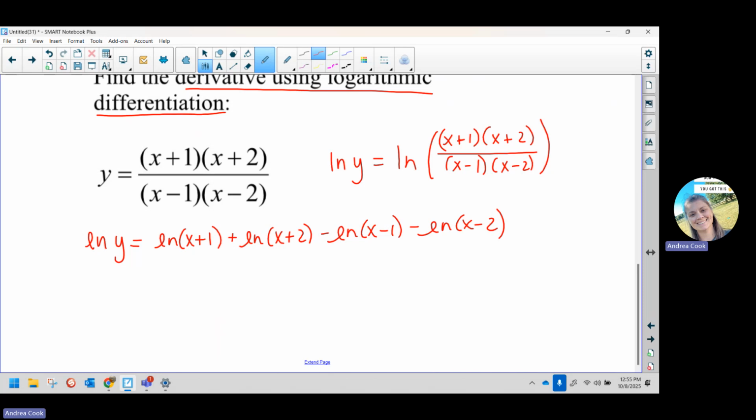Division is subtraction, multiplication is addition. I went ahead and distributed the negative sign. But you can keep expanding. You could have done ln of the top minus ln of the bottom and then expanded it further.